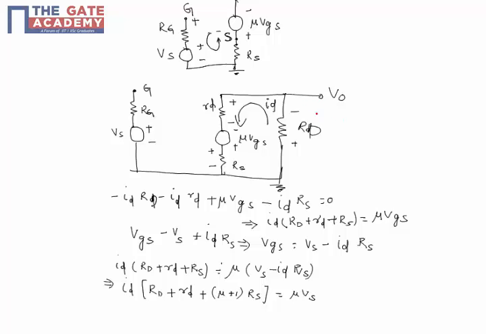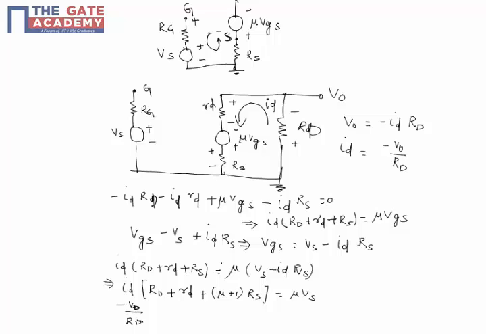Now this is V0. So if you see here, V0 equal to, this is minus, this is plus, so this will be minus ID into RD. So V0 equal to minus ID into RD. From this, ID equal to minus V0 by RD. You substitute this ID value here. So this will become minus V0 by RD, sorry, this is not VD, V0.